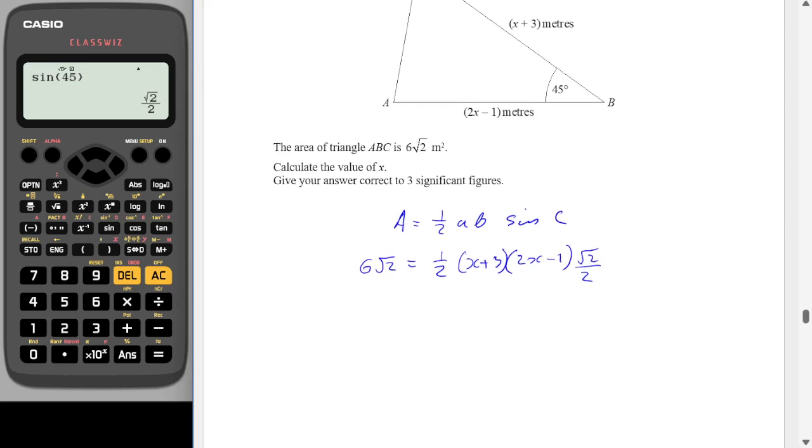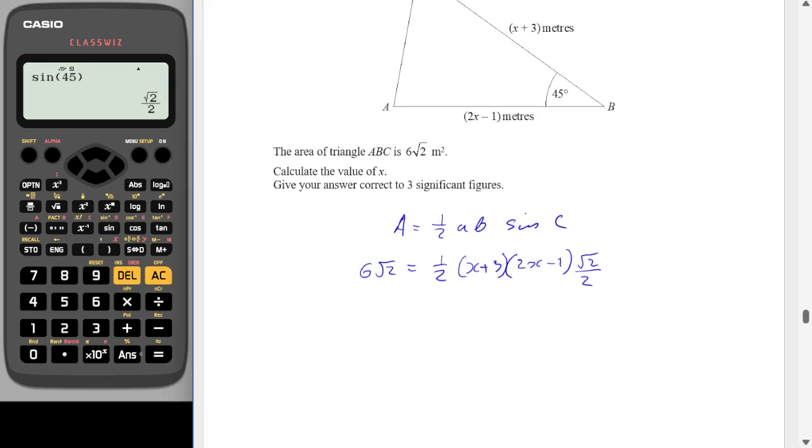Okay, so if we rearrange this slightly, that's going to be over 4, so I'm going to times by 4 and divide by root 2 on both sides, which will cancel the root 2, and it's just going to leave us with 24 here, and that's going to be equal to, I'm also going to multiply this bracket at this point, so that would give me 2x squared minus 1 plus 6, so plus 5x minus 3.